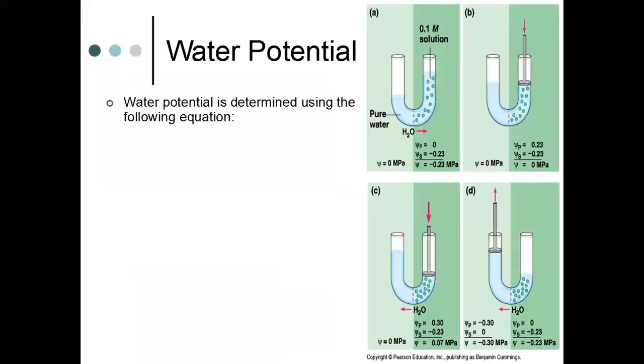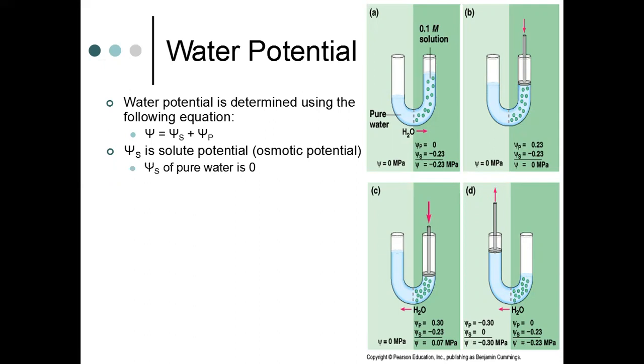Water potential is determined using the following equation: psi equals psi s plus psi p. We can say solute potential and pressure potential. Psi s is the solute potential or osmotic potential. The solute potential of pure water is always zero.